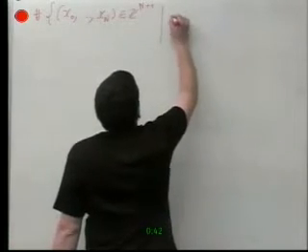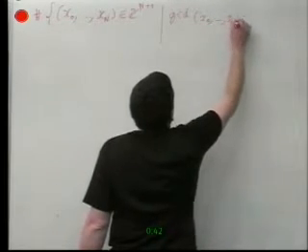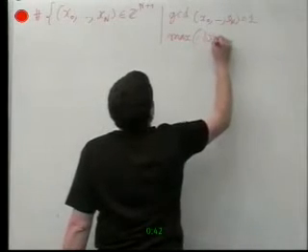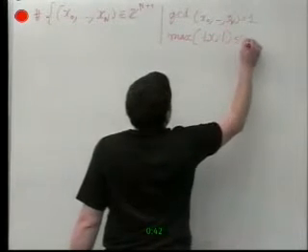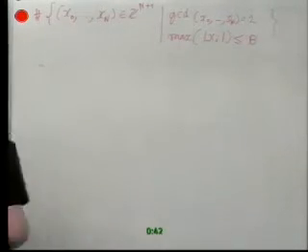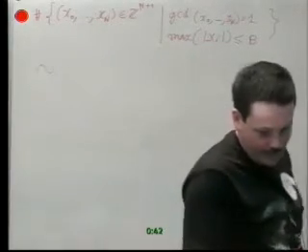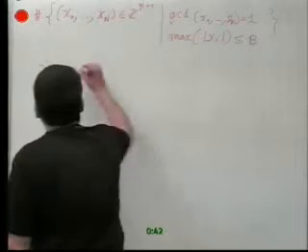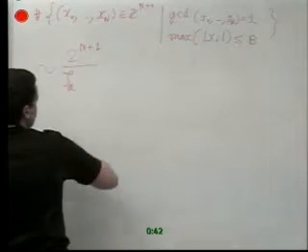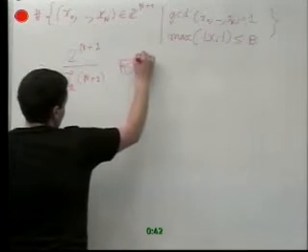Such that the GCD of x_0, ..., x_n is equal to 1, and the maximum of the absolute values of the coordinates is less than b, then it's quite easy to show that this cardinal is in fact equivalent to some constant, which turns out to be 2^(n+1) divided by the Riemann zeta function of n+1, times b^(n+1).